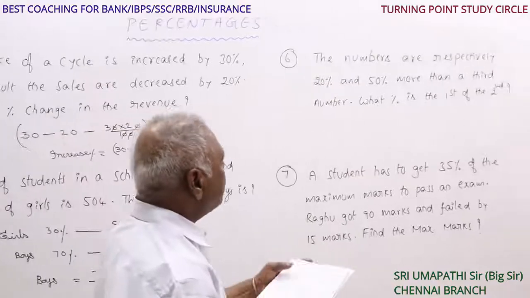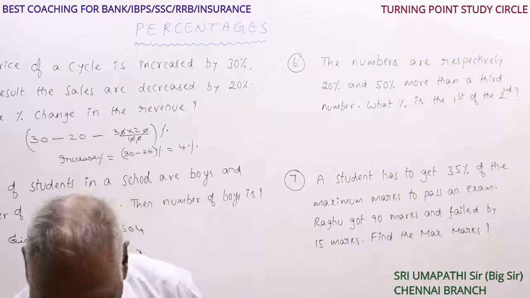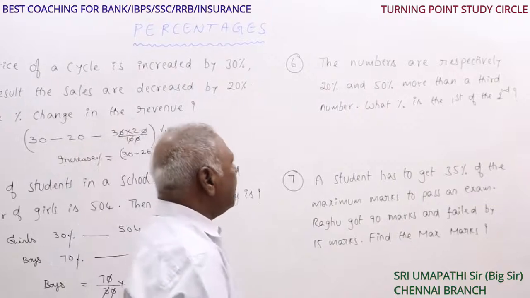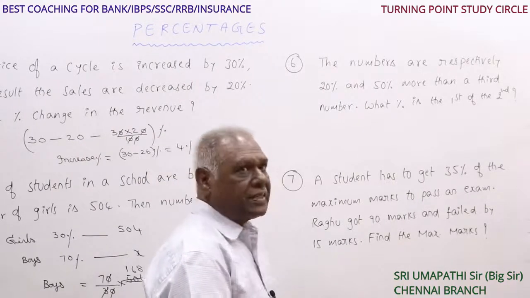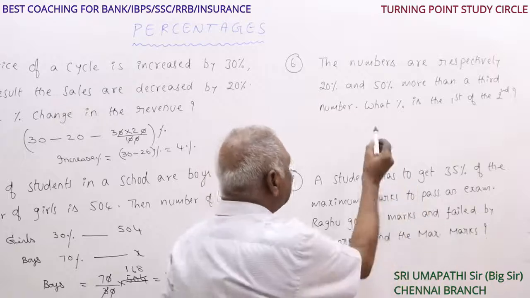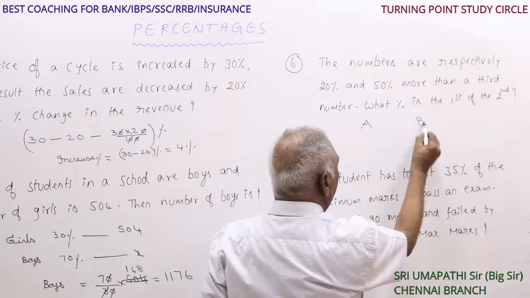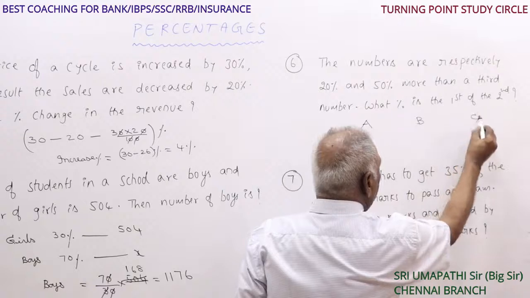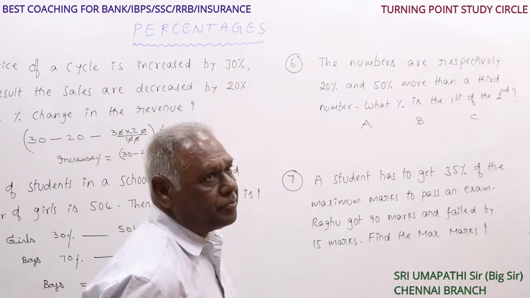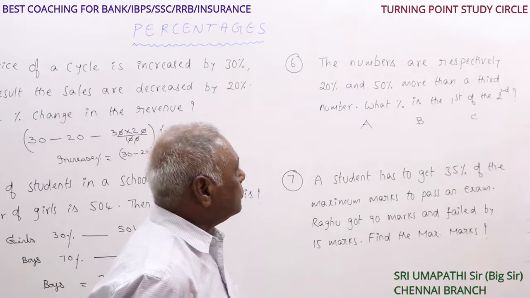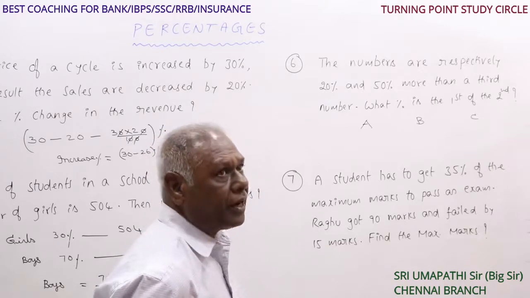Now the numbers are respectively 20% and 50% more than a third number. What percentage is the first of the second? So let the three numbers be A, B and C. First number is A, second number is B and third number is C. So the first and second numbers are compared to the third number.